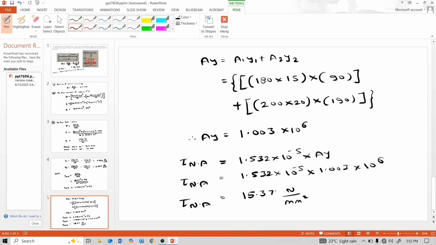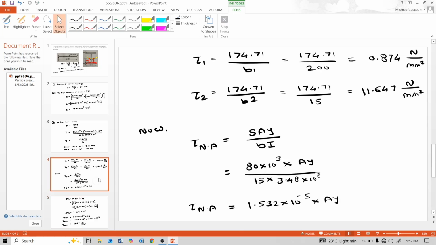And in this I section, shear stress at the neutral axis is a bigger value compared to shear stress at the junction values. So our shear stress at the neutral axis comes 15.37 and shear stress at the junctions come 11.64 and 0.874. So our numerical is correct. This is a checkpoint.